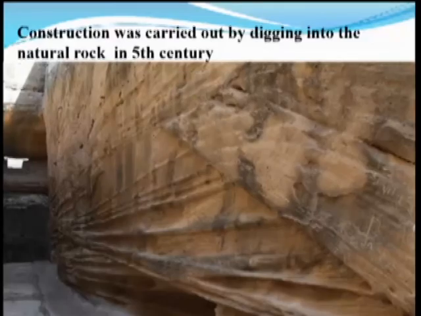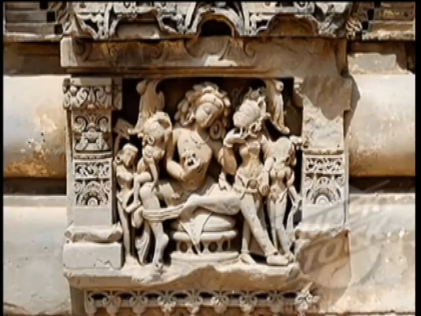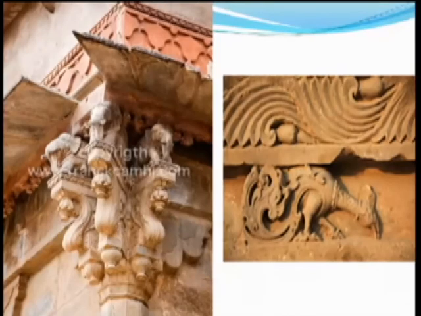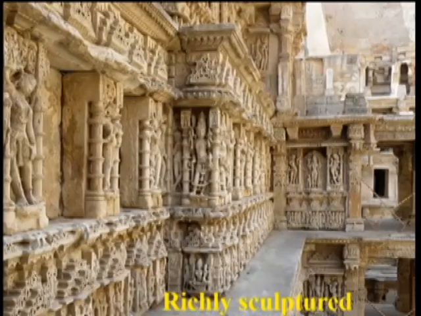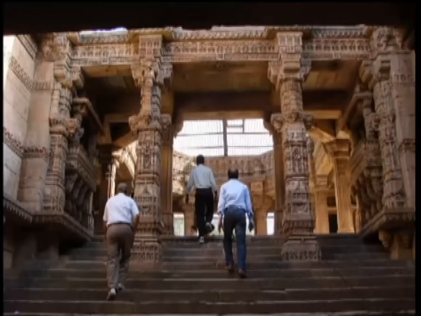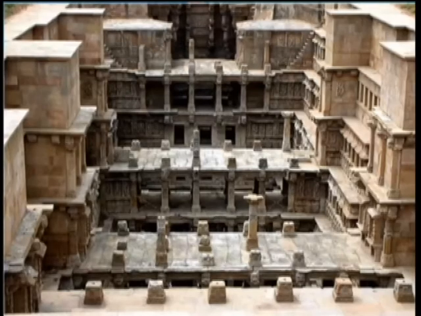So everybody, this is what we have to show you today about the Baolis. The Baolis that belong to the Hindus were profusely decorated with various kinds of sculpture. A lot of sculpture inside these Baolis, enormously decorated.